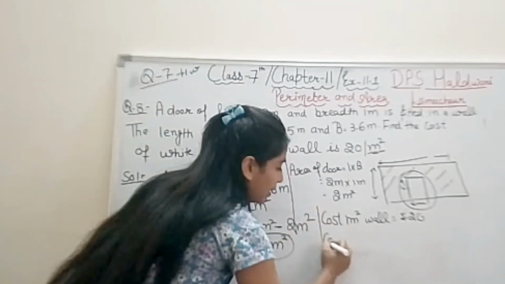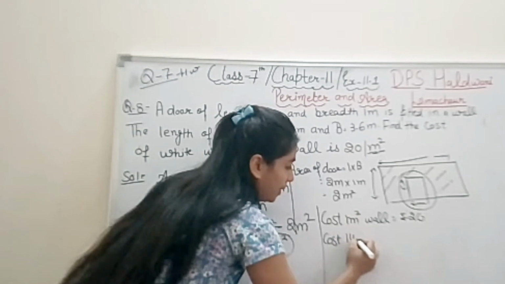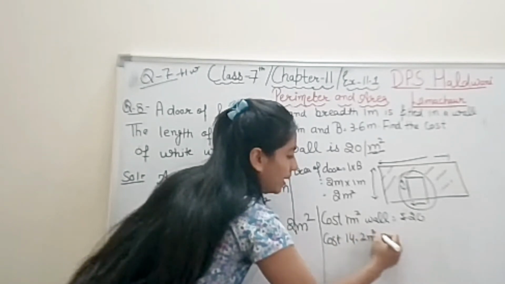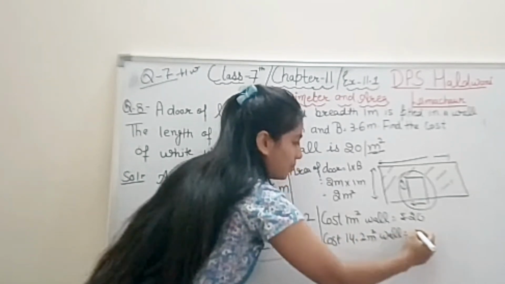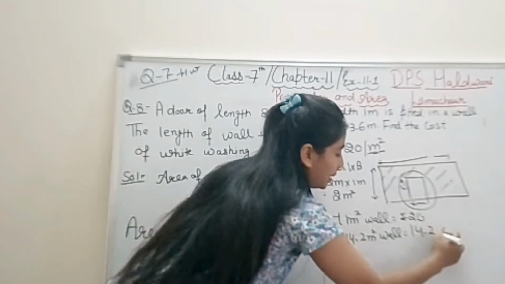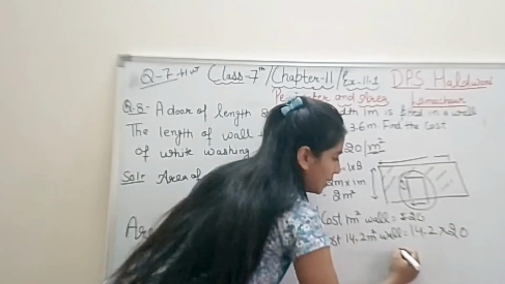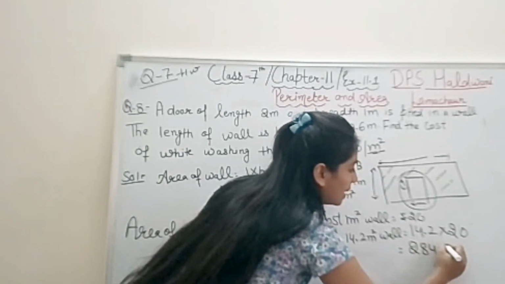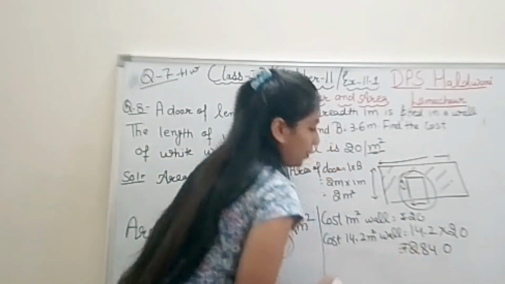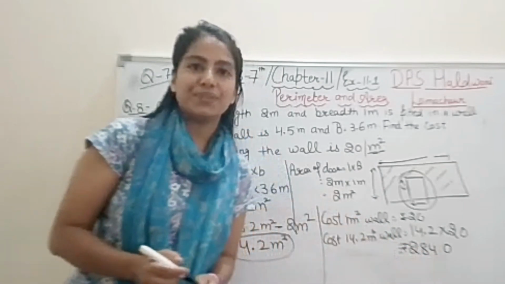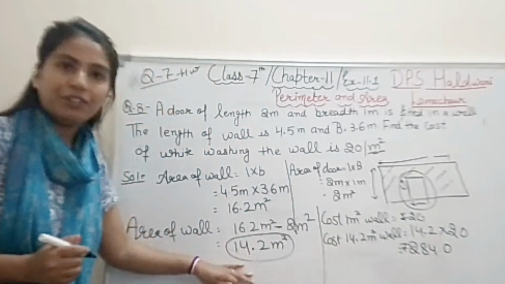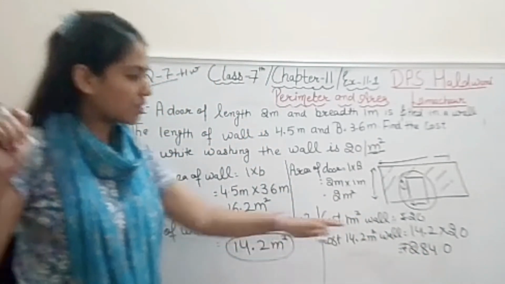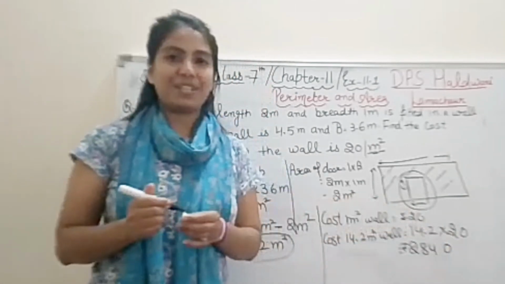So the cost to whitewash 14.2 meter square of wall is equal to 14.2 into 20. So the answer is 284.0 rupees, or you can say 284 rupees only. So for this much area we will whitewash, the cost will be 284 rupees.